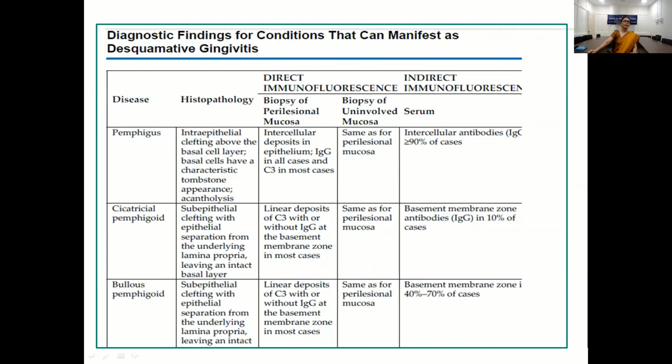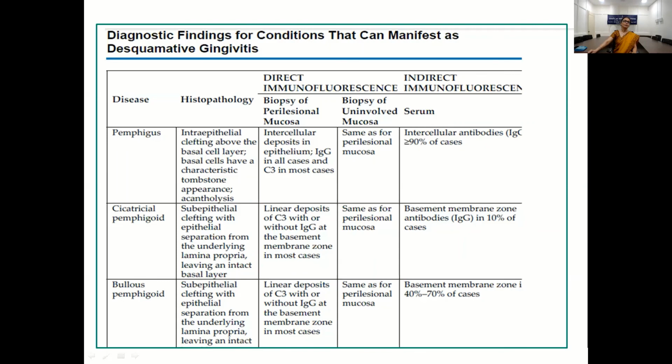Now, in pemphigus, histopathologically you can see intraepithelial clefting above the basal cell layer, and basal cells have a characteristic tombstone appearance, acantholysis, and you can see intercellular antibodies.